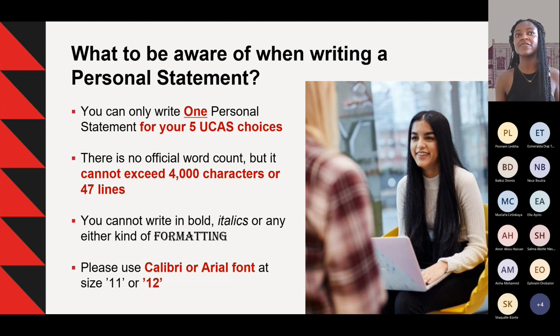So for example, if you're applying for, let's say, biomedical sciences at 3 universities and applying for biomedical engineering at 2 universities, although the names are quite similar, they might be 2 different courses depending on where you apply to. So if you're writing a personal statement for 2 separate courses, make sure that there is an even balance between the 2 courses you're applying to. Does that make sense? So one statement for the 5 applications you're applying to. So make sure that you are focusing more on the content of the statement rather than the way it looks.